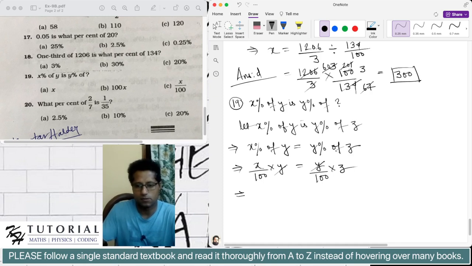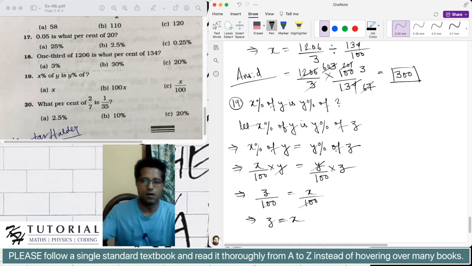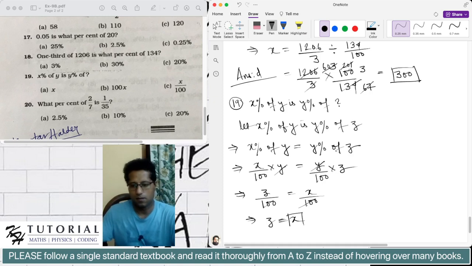So this implies that z by 100 is equal to x by 100. We can also cancel out 100 from both sides and we get z is equal to x. So the answer is x, and hence the correct choice is A. A is the correct choice.